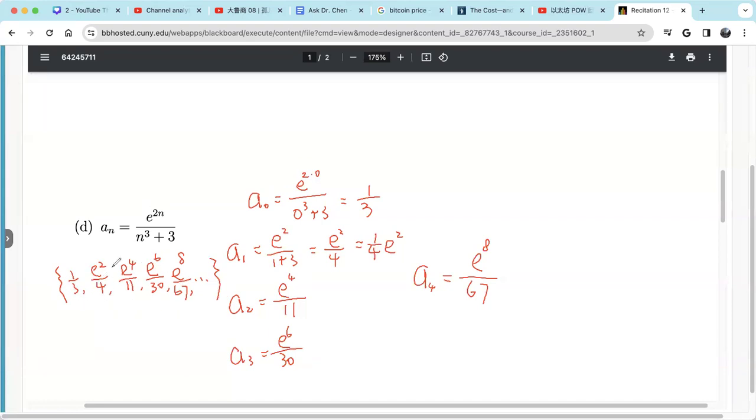Okay, first 5 terms in this sequence. Let's observe a little bit. From the point of view of functions, the numerator is an exponential function, and the denominator is a polynomial function of degree 3, or cubic function.